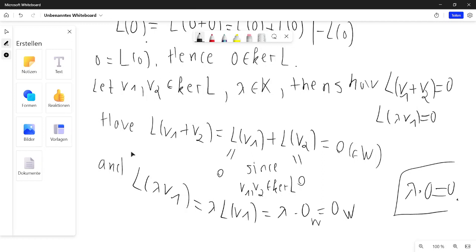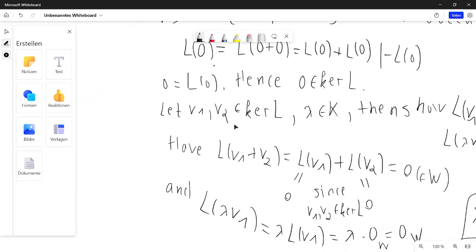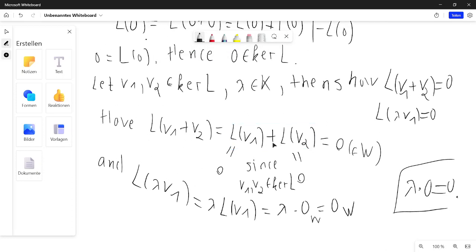Right, so we have that 0 is actually in it. We have that it is closed under, okay, maybe I should write it properly.